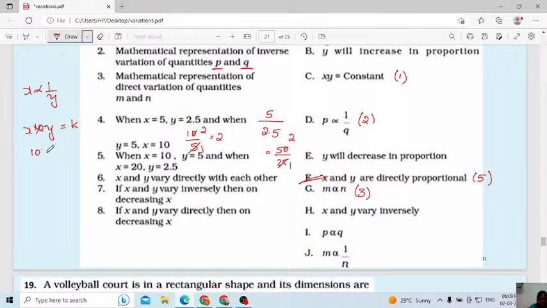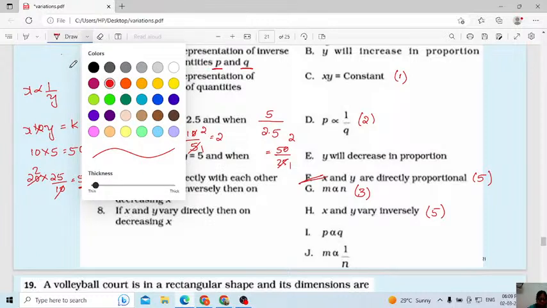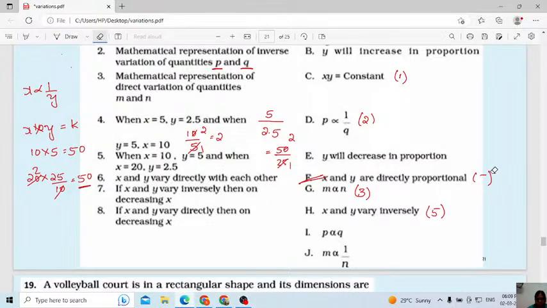Then 10 5s are 50. Then 20 into 2.5 is nothing but 25 divided by 10, correct now? Then again you will get 50. Therefore x and y are inversely proportional. Then this one is fifth, this one is fourth.